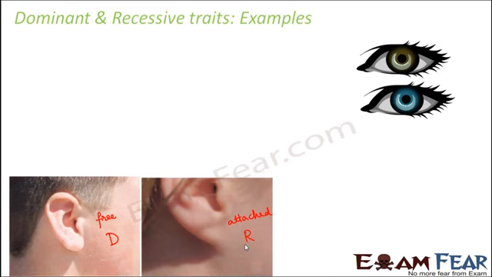Similarly, if you talk about the eye color, one option is you can have brown or black, and the other option is the blue eye color. So here the eye color is blue and here the eye color is black or brown. Black or brown color is dominant over the recessive blue eye color. So blue eye color is recessive.